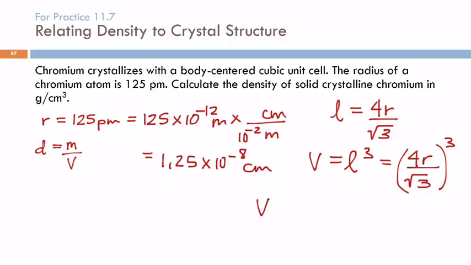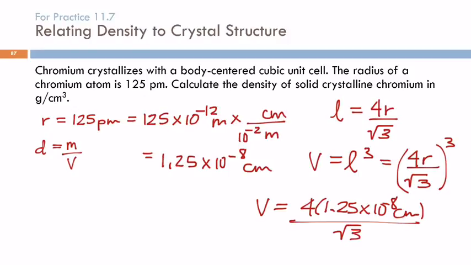So the volume of one unit cell is 4 times R, 1.25 times 10 to the minus 8 centimeters, over the square root of 3. And I take that whole thing and cube it. So I'm going to my calculator, I'm going to do x to the third power.